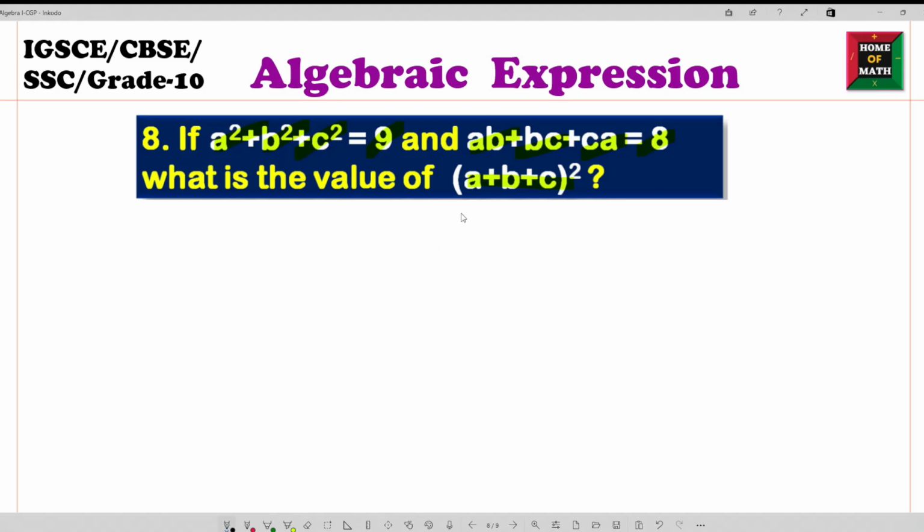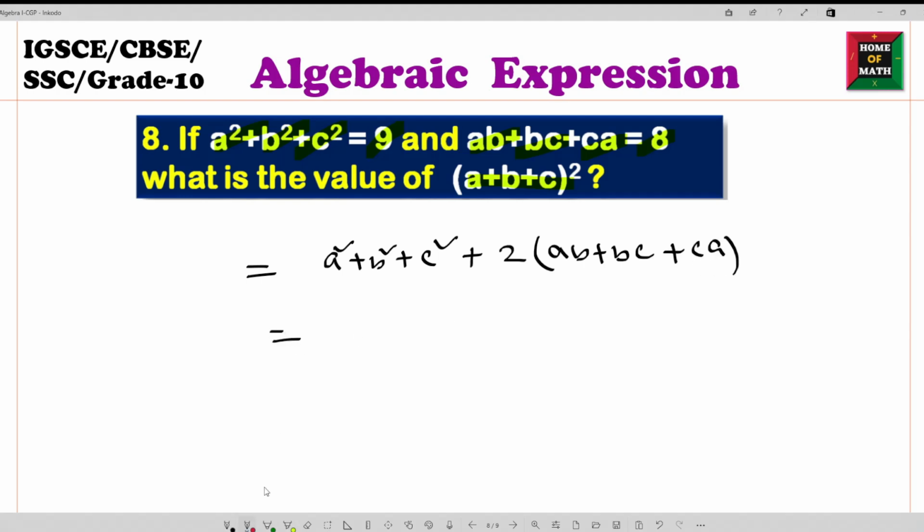So directly we can write (a + b + c)² means a² + b² + c², plus, taking common 2, 2(ab + bc + ca).